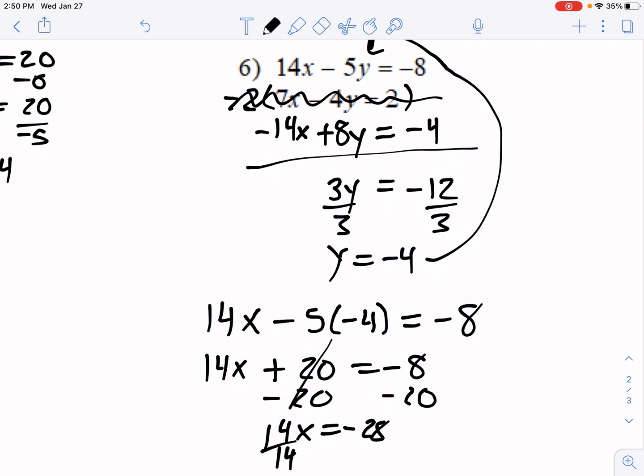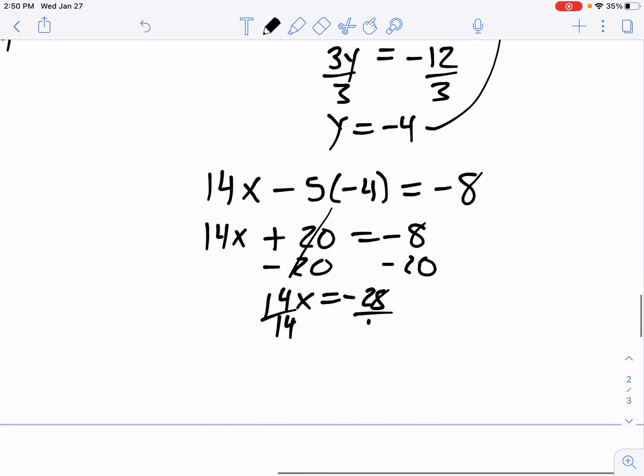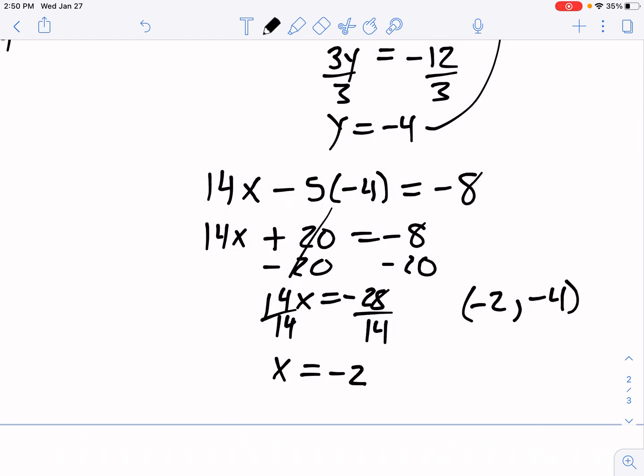Divide by the coefficient on both sides, and we get x equals 28 divided by 14 is 2. Negative and positive make negative. So our solution here would be a negative 2 for the x and negative 4 for the y.